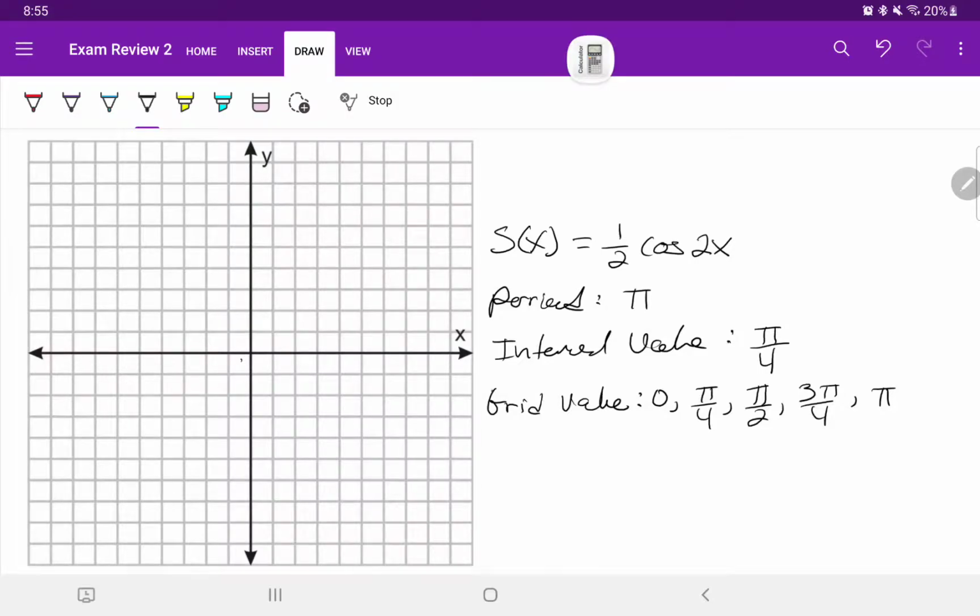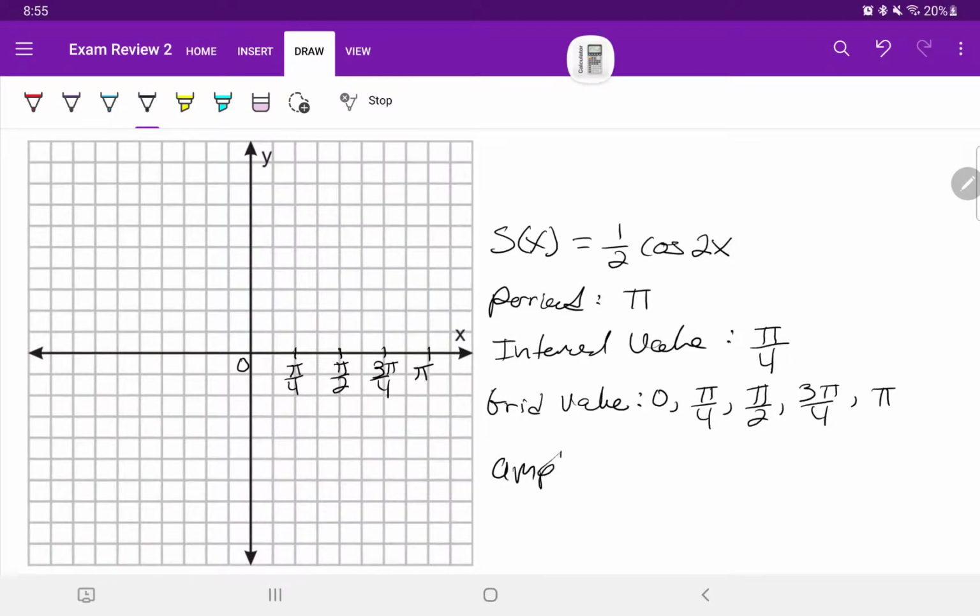Let me put those grid values on my graph. Pi over 4, excuse me. Pi over 2, 3 pi over 4, and then pi.